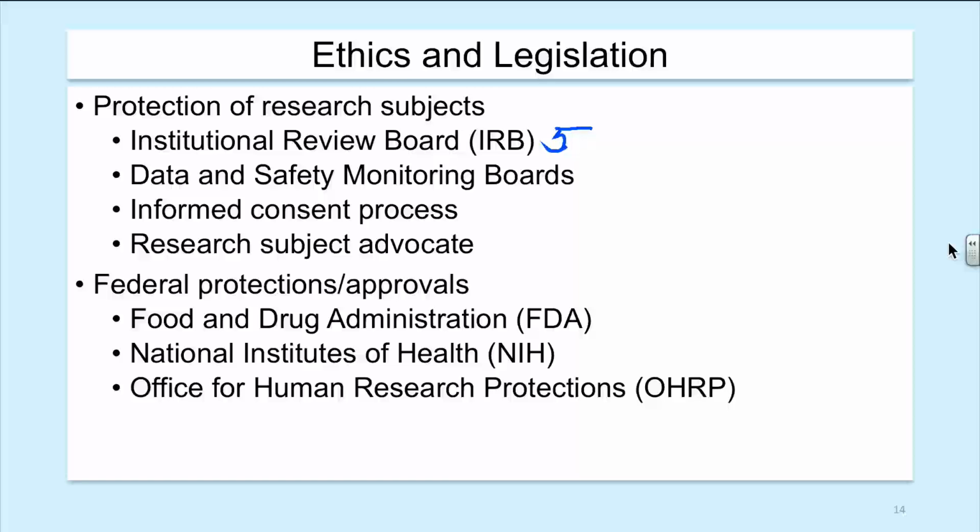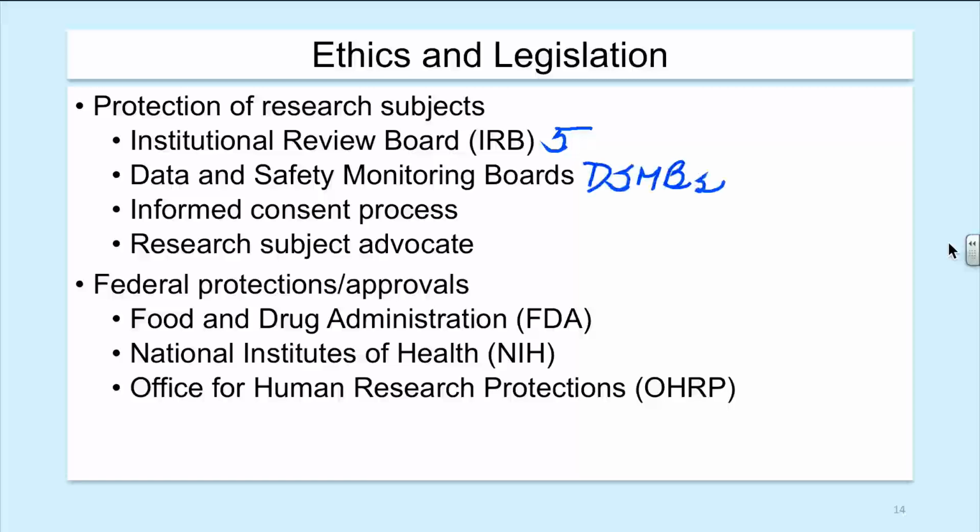So these IRBs are important because they have the oversight for all the research being conducted at an institution. And here at UCLA, those 5 IRBs are responsible for about 3,000 research studies. Another way we protect research subjects is through data and safety monitoring boards, also known as DSMBs.